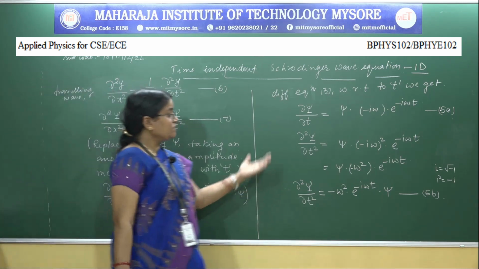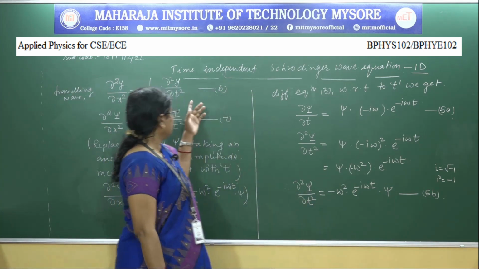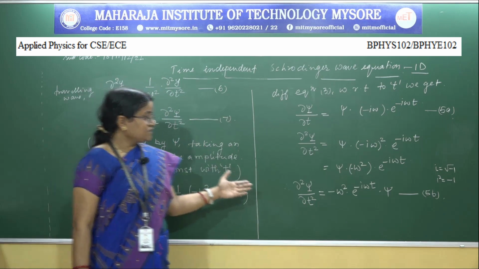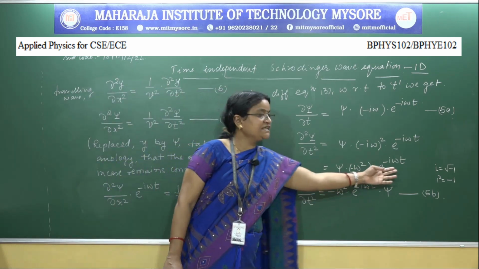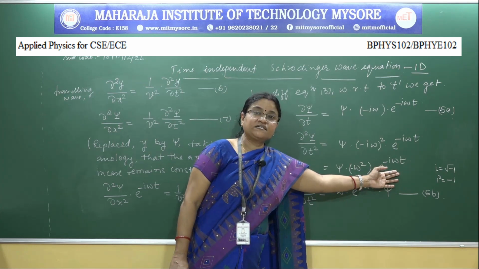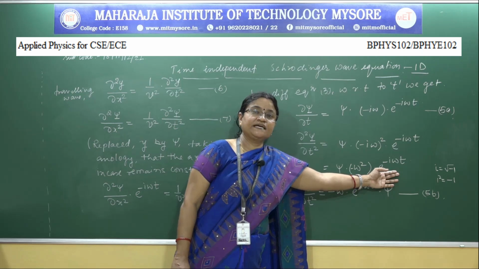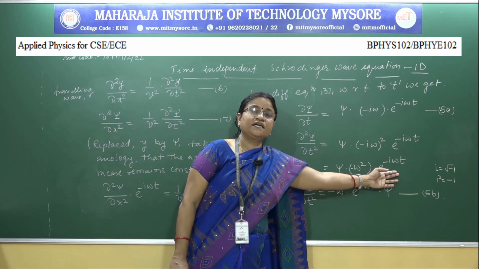While solving, most of you, what you do mistake, when you differentiate the function equation 3 with respect to x, then you differentiate the time term as well. Please don't do. We are doing here the partial differentiation. Once we have to differentiate with x, and the other time we have to differentiate with respect to time.